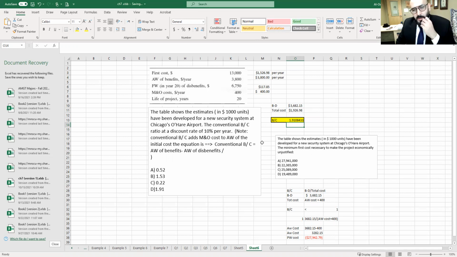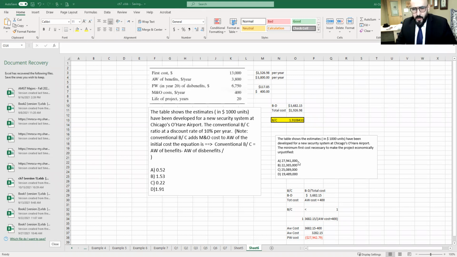One way of doing it, and we have these options given to us: A is 27,941, option B 22,365, option C 25,089, and option D is 19,489.